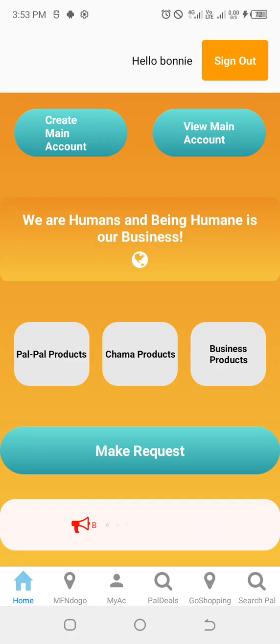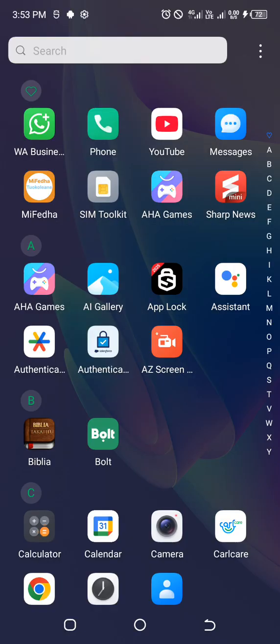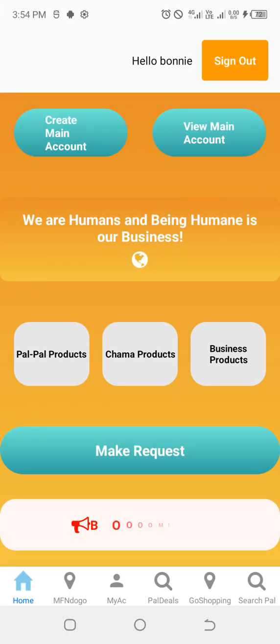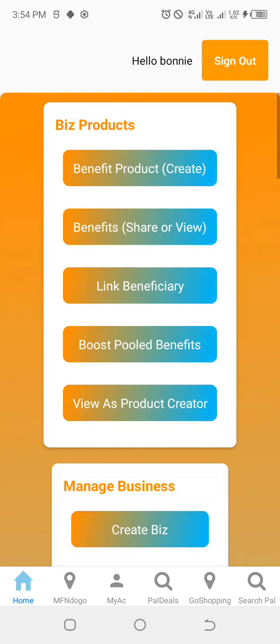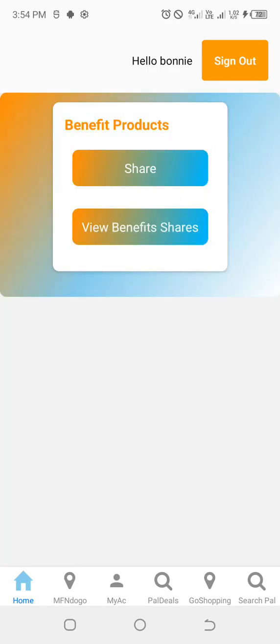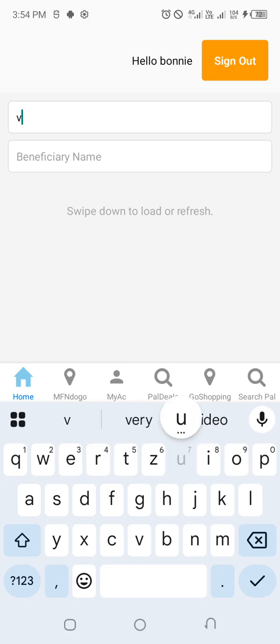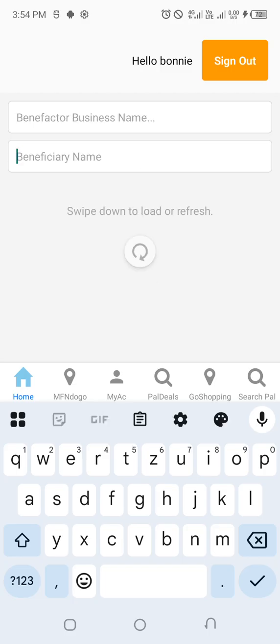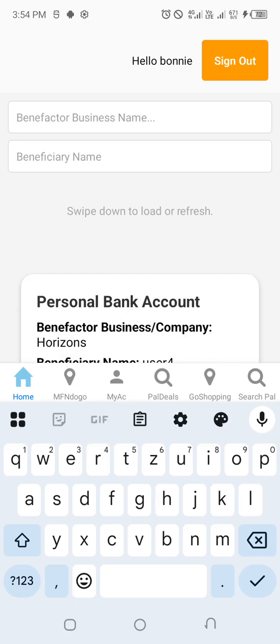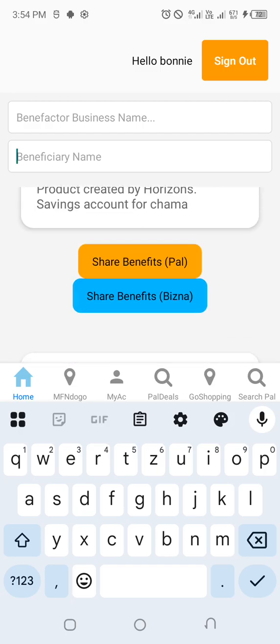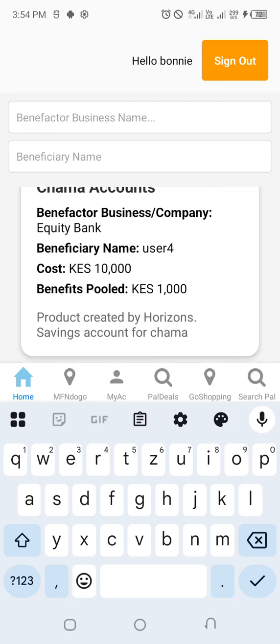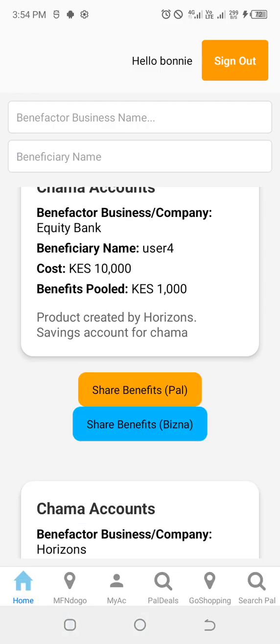Please don't forget that one. We want to share. It is 85 for Boni is 8506. Those are the pooled benefits. So let us share towards the same people. Vukisha. Beneficiary name is user. Yeah, it's this one.